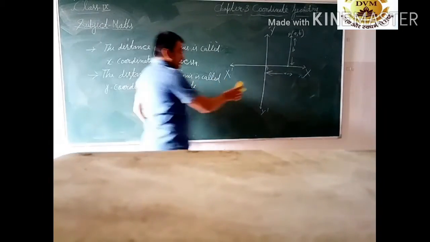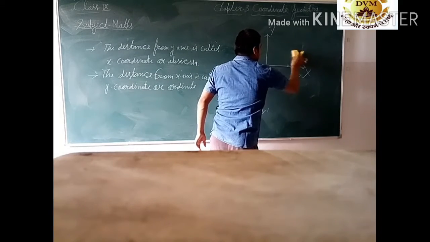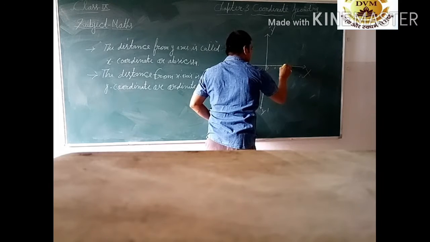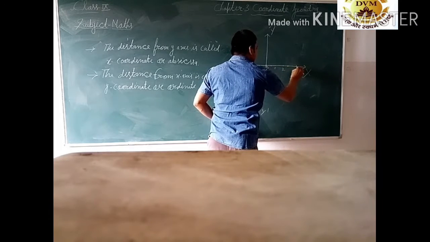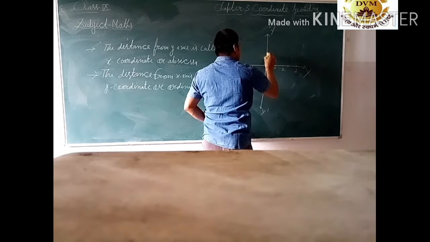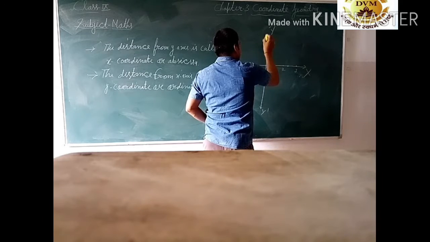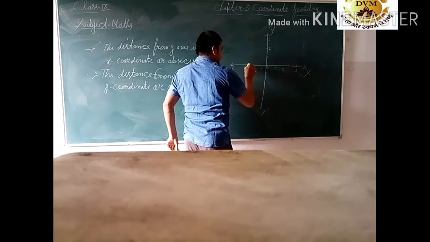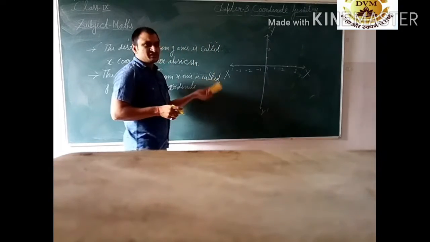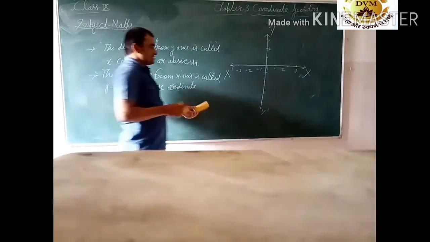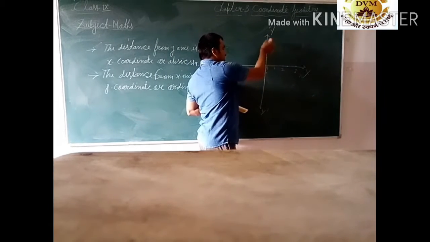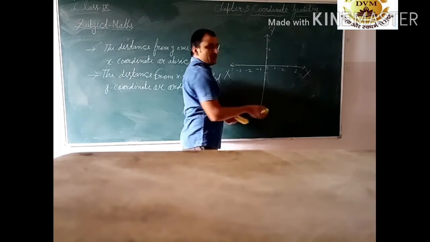Or we can denote, suppose we write 0, 1, 2, 3, and -1, -2. You have seen in previous classes, in the previous chapter, this is the positive side and this is the negative side of the horizontal line. This is the positive side and this is the negative side of the vertical line.